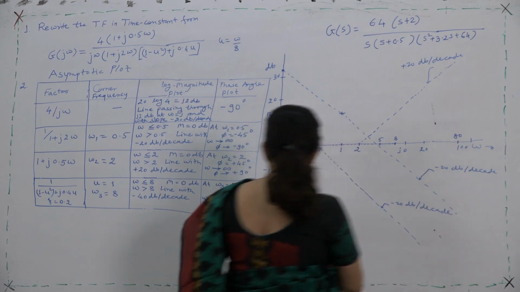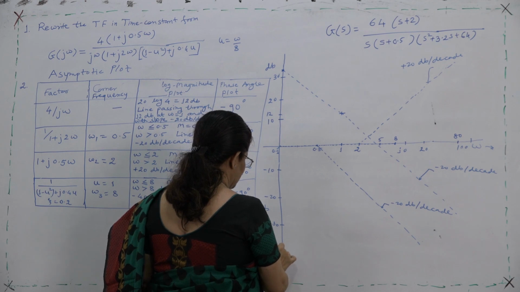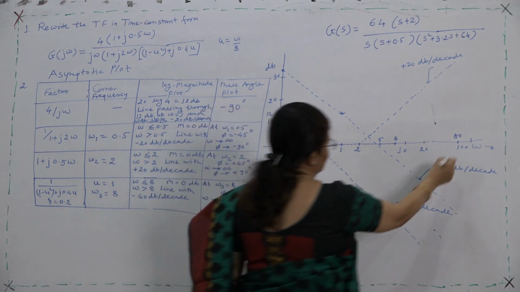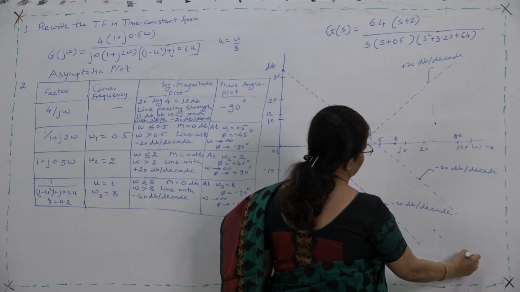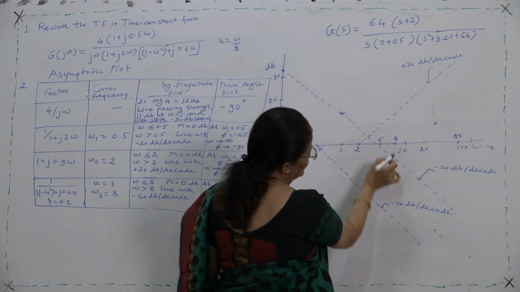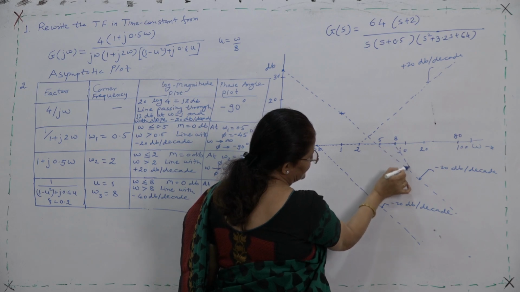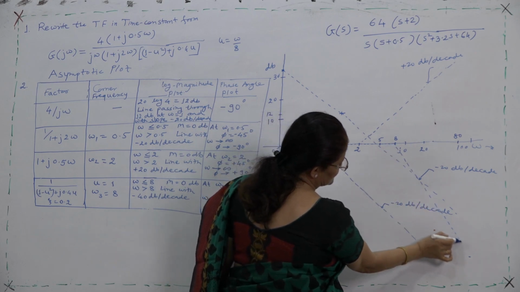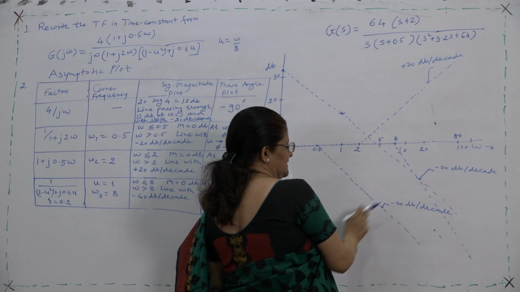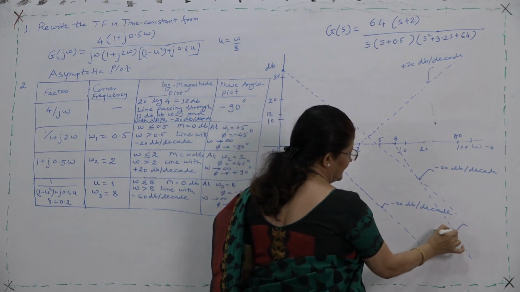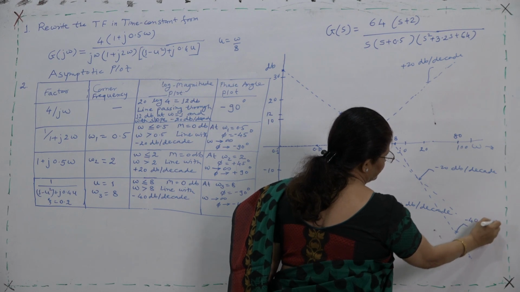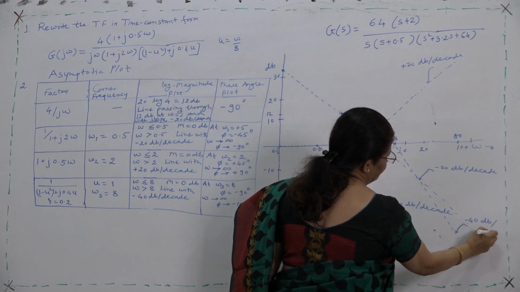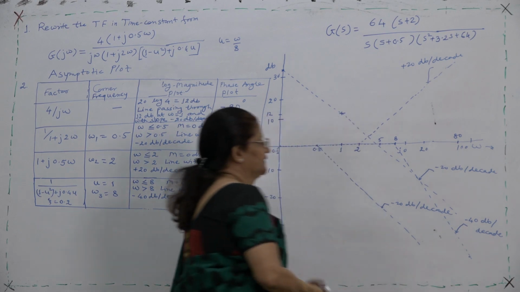So, see here, as per your scale, this is minus 40. So, at 80, you will get minus 40. Okay. So, draw a line this. So, the slope of the line is different than minus 20 dB per decade, and this is minus 40 dB per decade. Why?